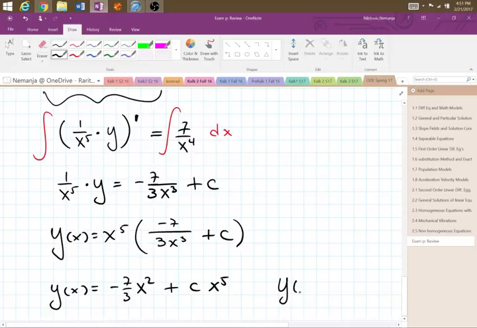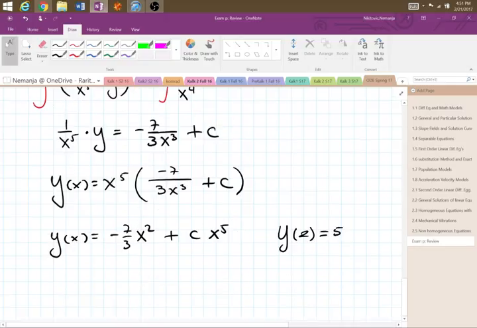We did have the initial condition that y of 2 is 5, so we can plug that in and calculate the value of c. So I'm going to box this one and say that's a general solution.